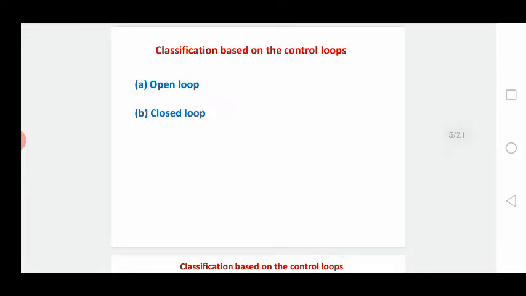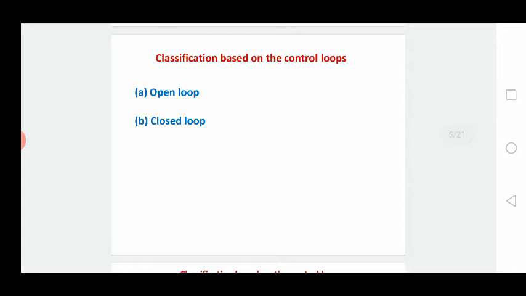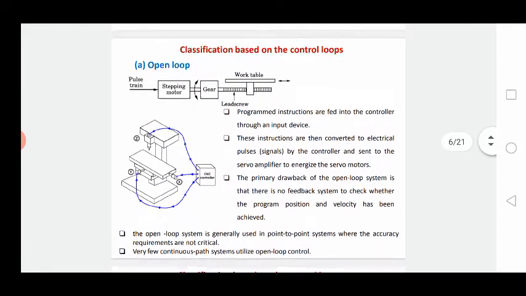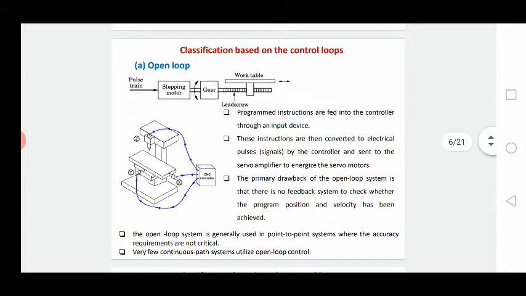Based on control loops, we again divide it as open loop and closed loop. Let us see what we mean by open loop. When we have an open loop control system CNC machine, the commands we give to the machine go in only one way.